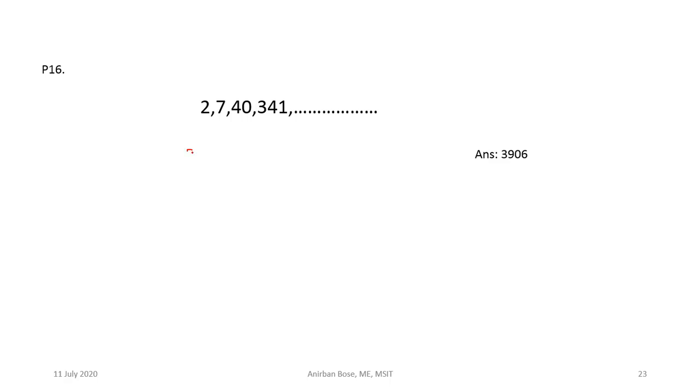Here basically this 2 can be written as 1 to the power 0 plus 1 to the power 1. This 7 can be written as 2 to the power 0 plus 2 to the power 1 plus 2 to the power 2.